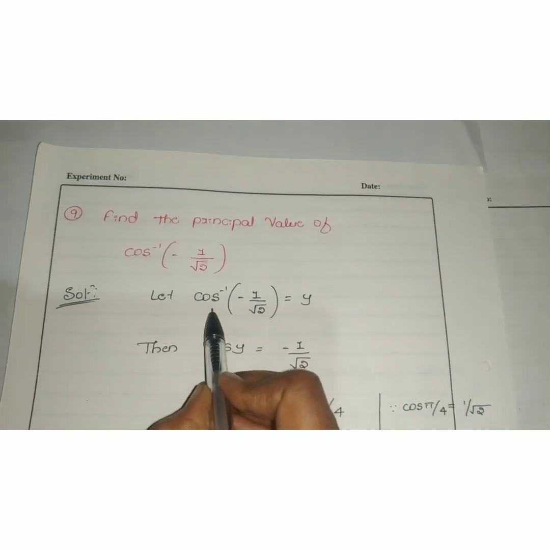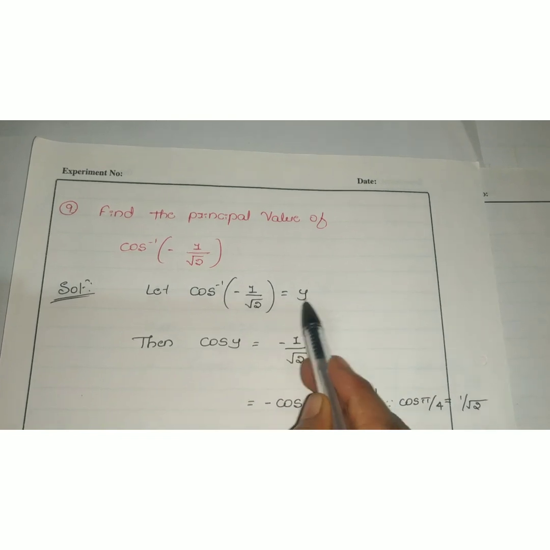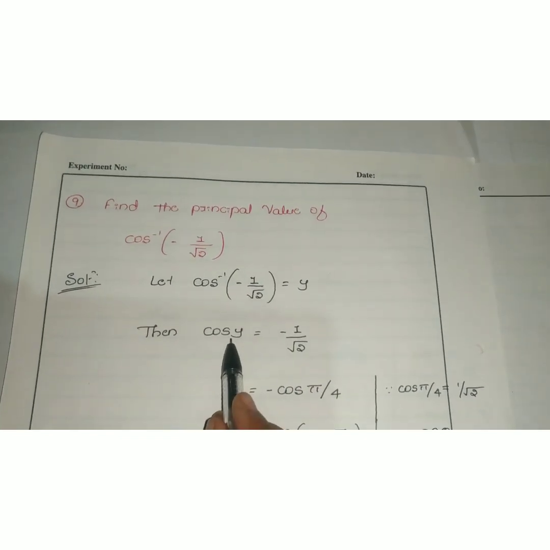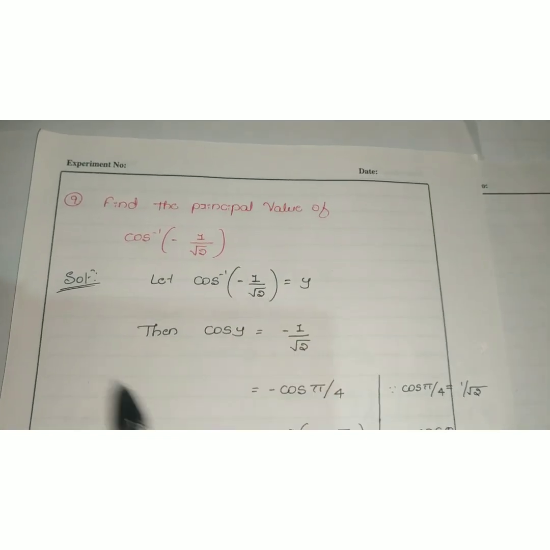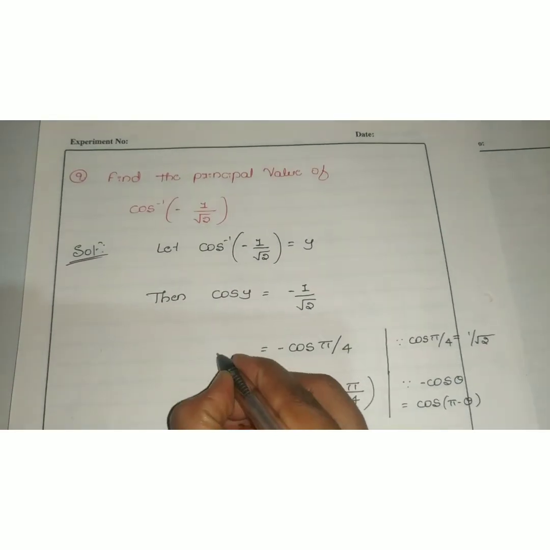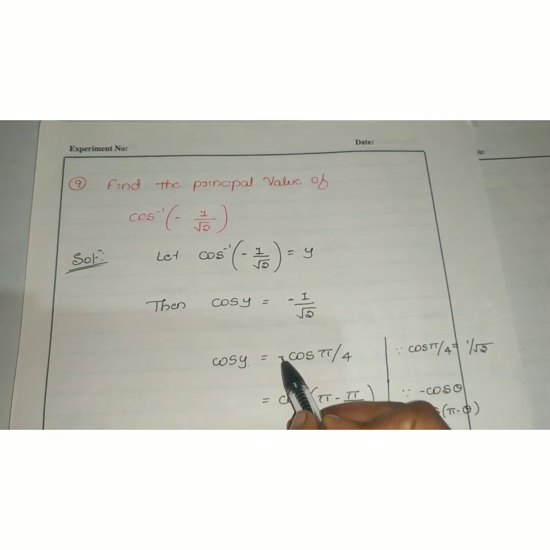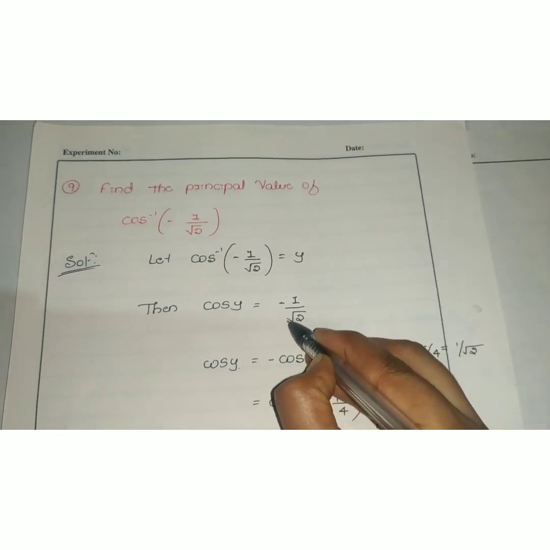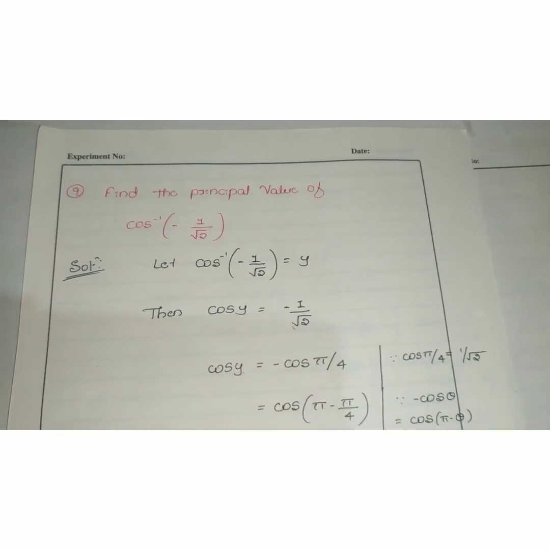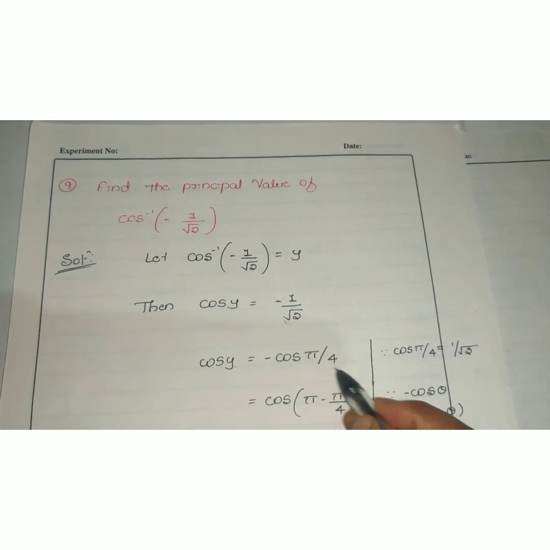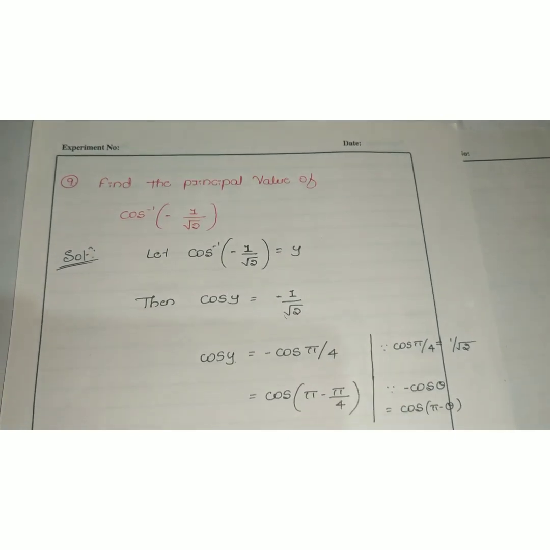Let cos inverse of minus 1 by root 2 equal to y, then cos y equal to minus 1 by root 2. So in LHS cos y as it is, in RHS negative sign as it is, and what angle has a cos of 1 by root 2? So that is cos 45 degree, cos pi by 4.